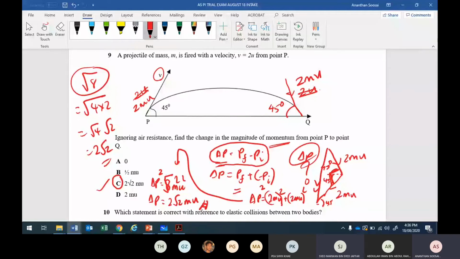Vector subtraction also can, but a little tricky. You need to try to adapt this method, final minus initial, because sometimes in the exam, Cambridge will ask you to draw this vector diagram. So you have to know how to draw.